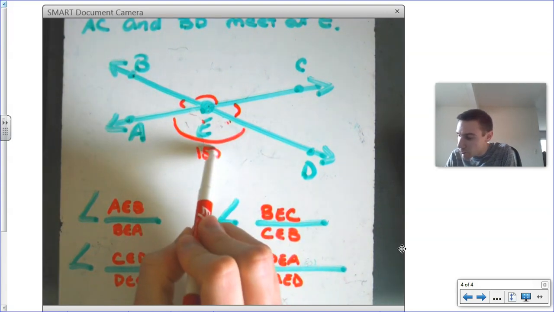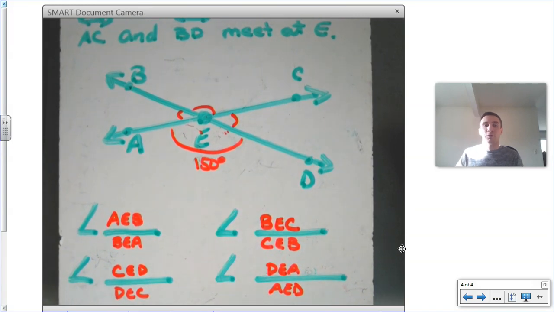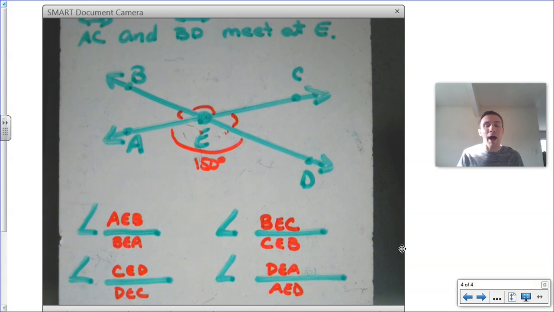I'm going to write 150 degrees right here, just so that this all shows up on the same screen. What I can do now is find other angles here. And the rule of 360 applies all around. However, I could also use the rule of 180 for points on a line to help me out.